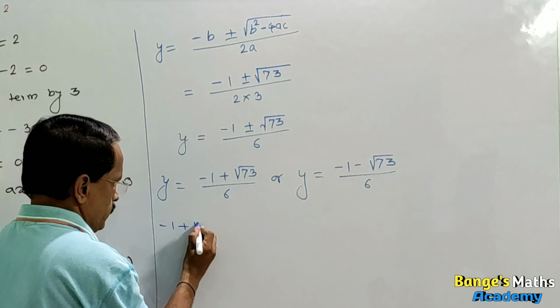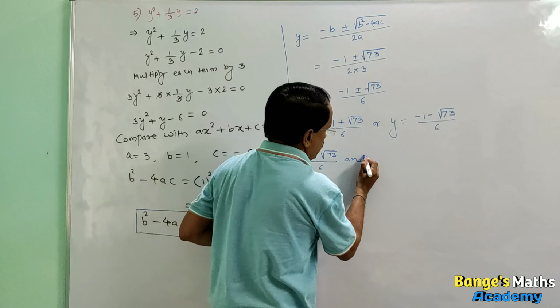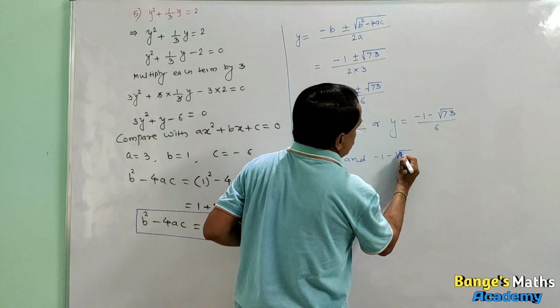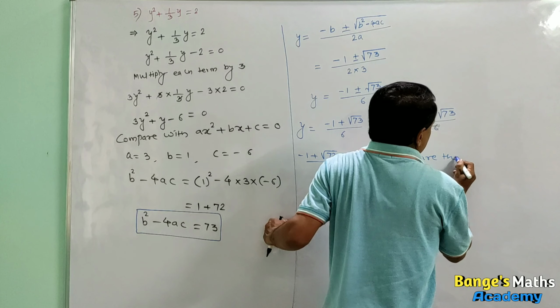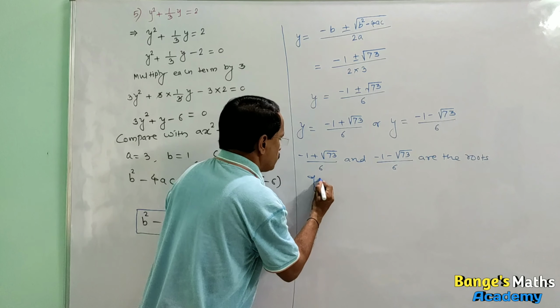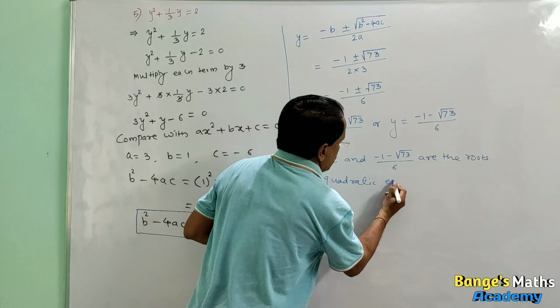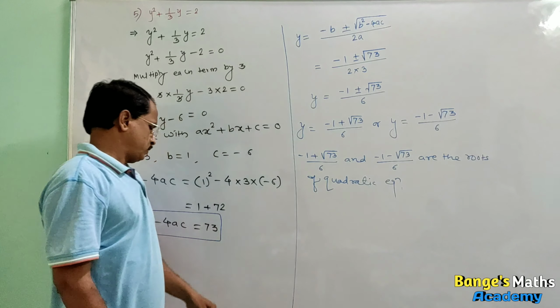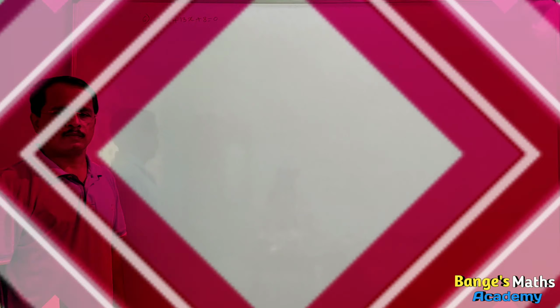So minus 1 plus root 73 upon 6 and minus 1 minus root 73 upon 6 are the roots of quadratic equation.